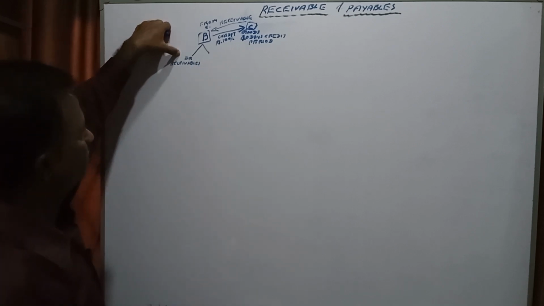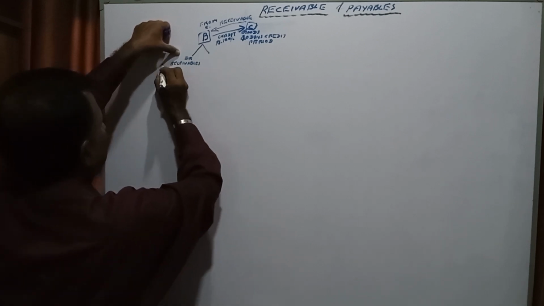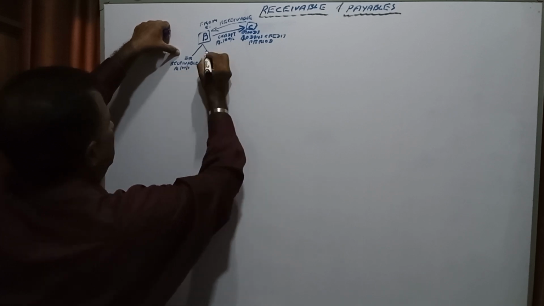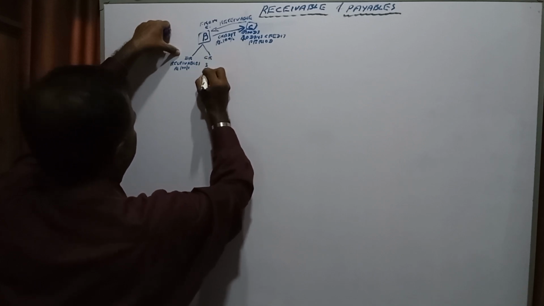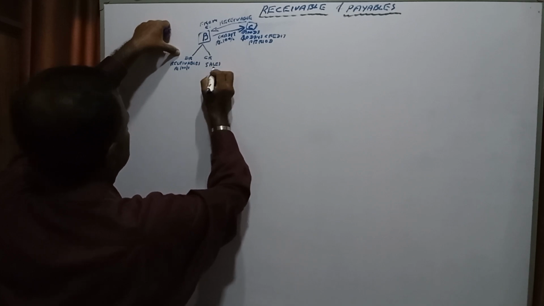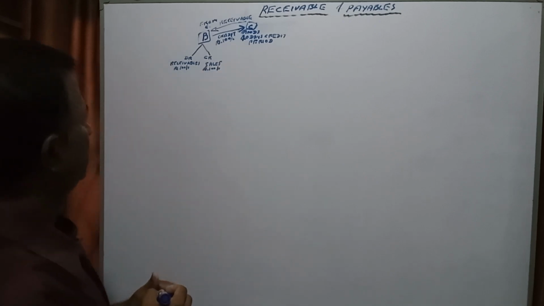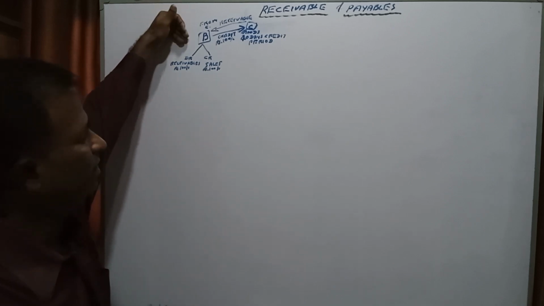Debit receivables 100 rupees, and credit sales 100. This is the double entry in the books of B.